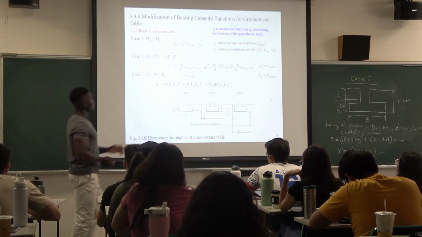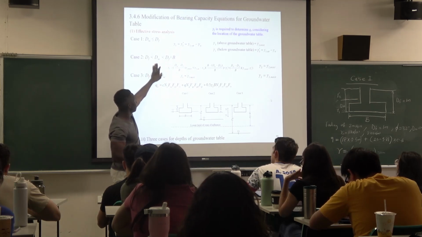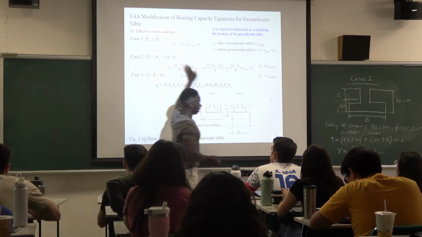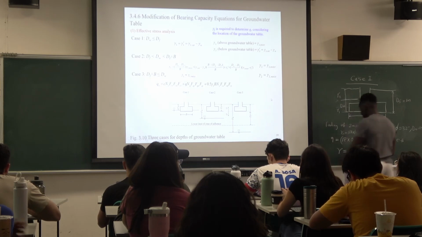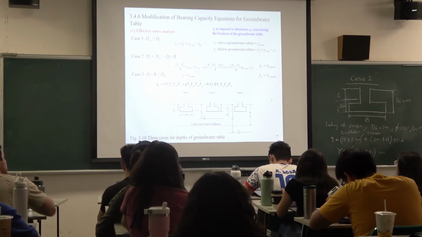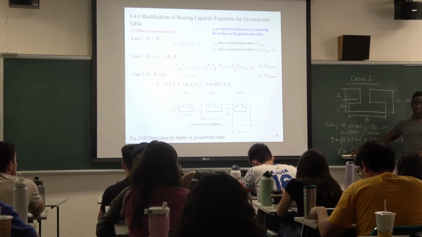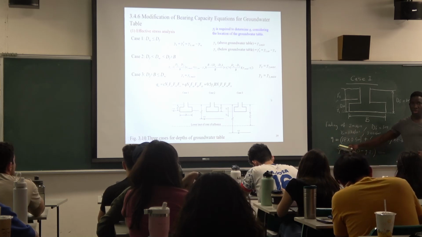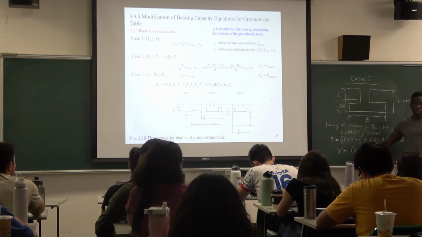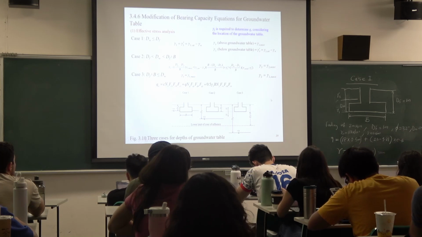Okay, so this is also one of the conditions. dF is less than this, but dW is also less than dF plus B. Okay, so similarly to case 1, the only things that change in our equation are the surcharge and the gamma. For case 2 also it is the same thing. The only things that will change are this and this, okay? Why? It is due to the location of the water level.